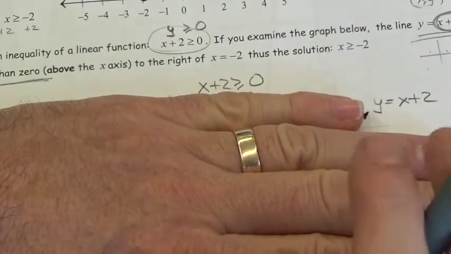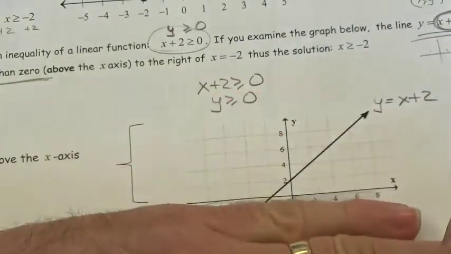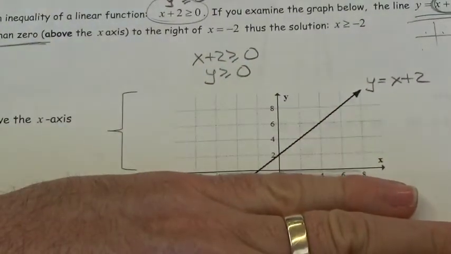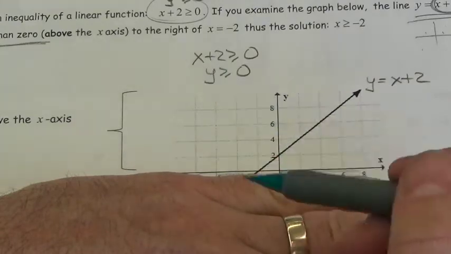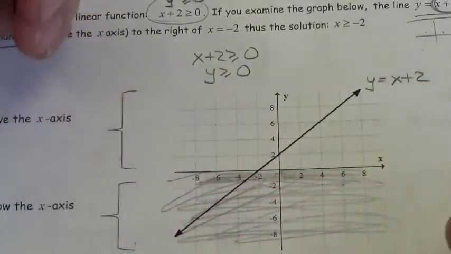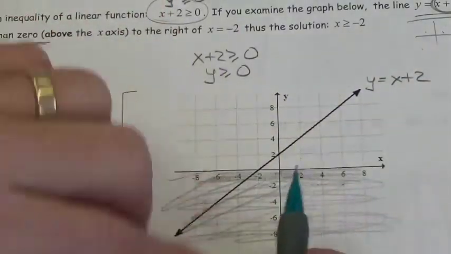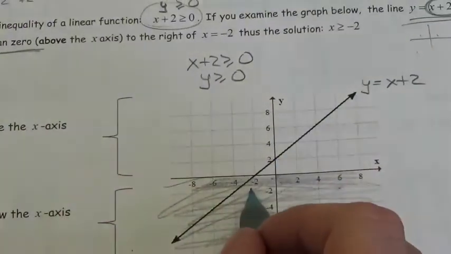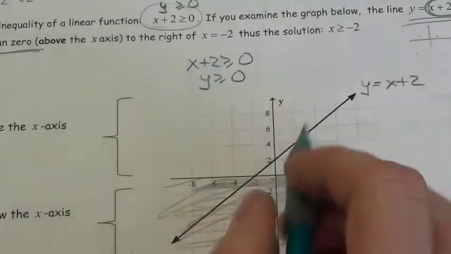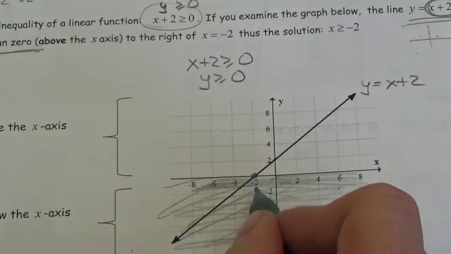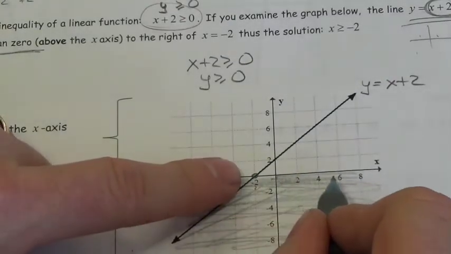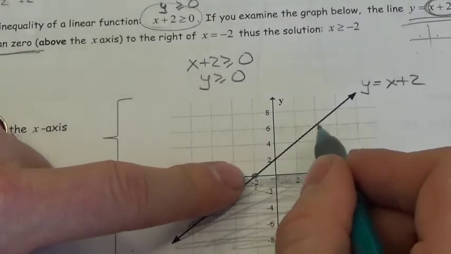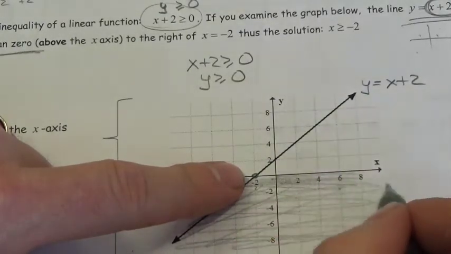Now, I know this is where things get a little bit weird. I am graphing this as if it's the y that I'm interested in, where y is greater than 0, but I have to answer in terms of x. So ignoring this part down here, notice that this x plus 2 goes to 0 when x is negative 2, and then for all values of x to the right of that, the line is above the x-axis.